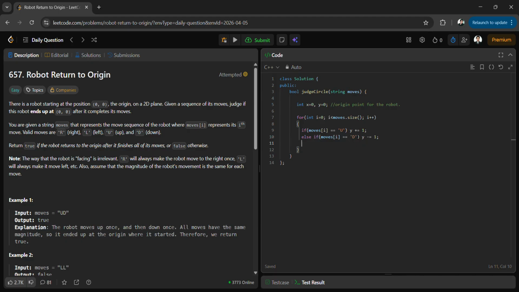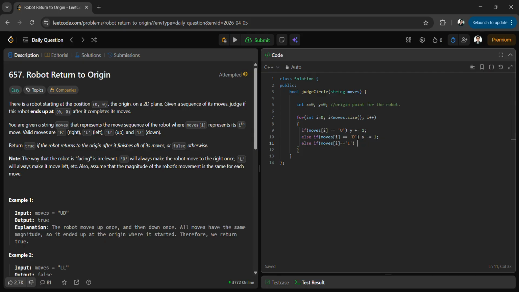Else if moves of i is equal to L, moving the robot left, I need to move along the x coordinate. Moving left in a two-dimensional plane means moving towards the negative side of x: 0, -1, -2.